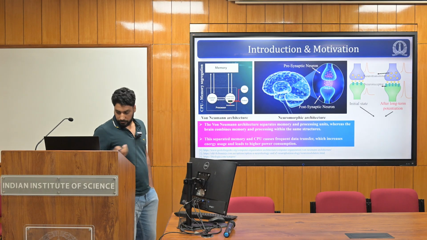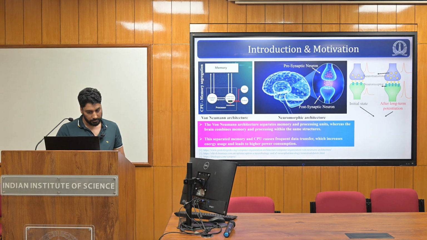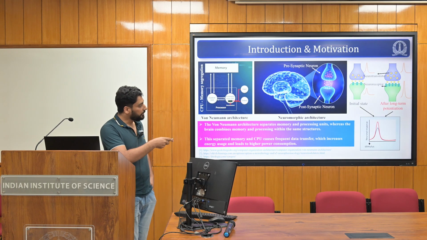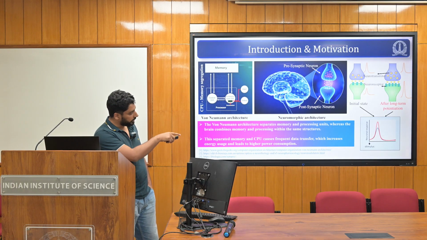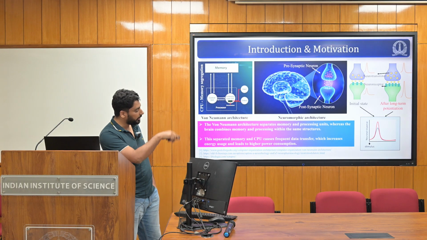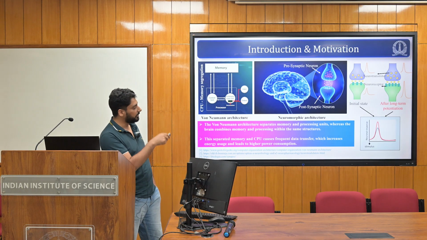So for the same input, as you can see in the graph below, you can have multiple outputs depending on the strength of the neuron at the synaptic cleft.